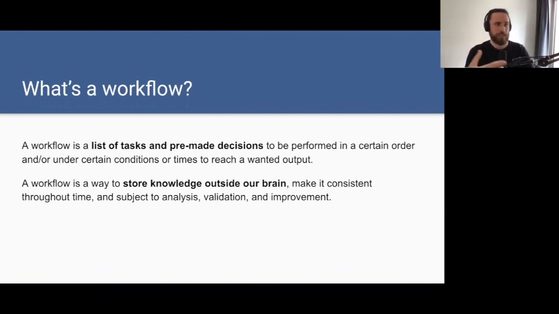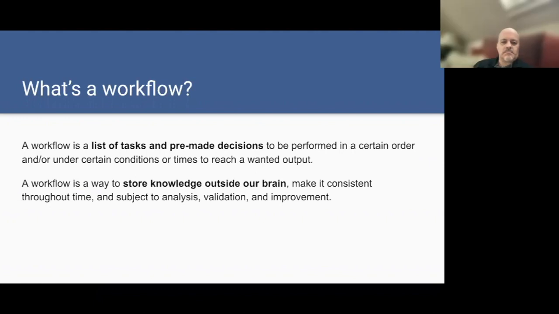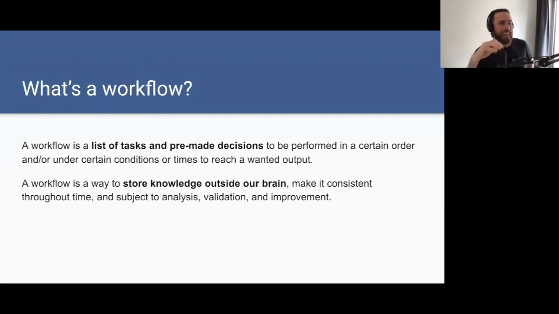So I changed it because I already called it, let's build workflows. A workflow is a list of tasks and pre-made decisions to be performed in a certain order and/or under certain conditions or times to reach a wanted output. A little bit technical, but we'll see in a bit what that means. And a workflow is a way to store knowledge outside of our brain, make it consistent throughout time, and subject to analysis, validation, and improvement.